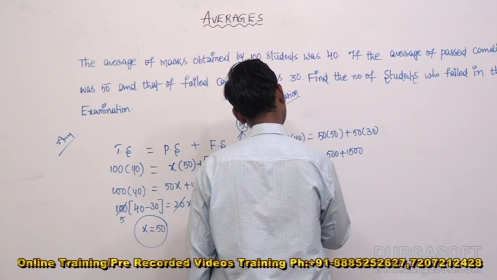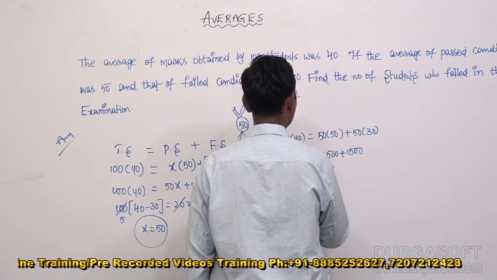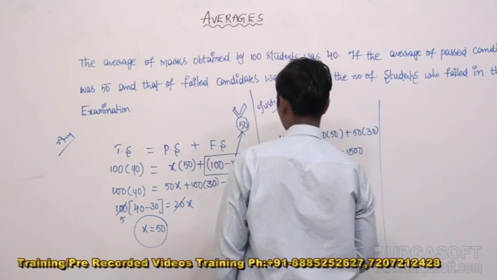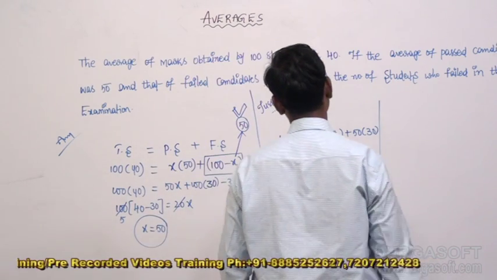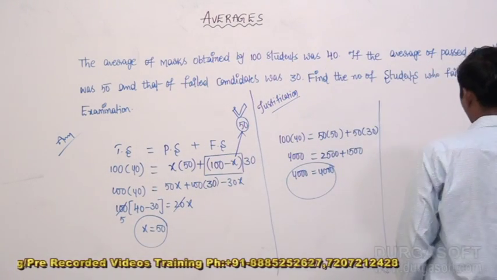That means we have satisfied the condition here, which means a total of 50 students failed in the examination.